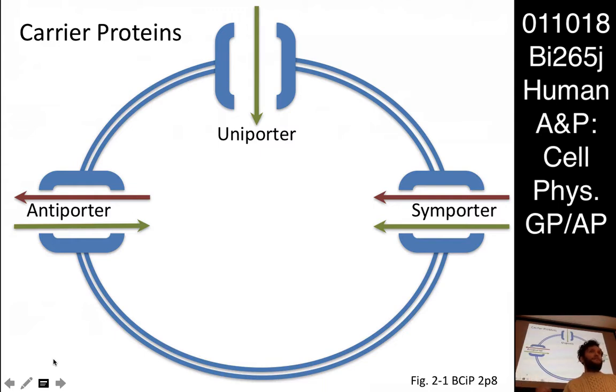So we're gaining energy. And then that energy is being used to offset something that's going up its gradient. So we're getting a decrease in entropy. And this is one way symporters drive transport of a molecule of interest using entropy. And this doesn't have to be in the same direction. They can be going in opposite directions.